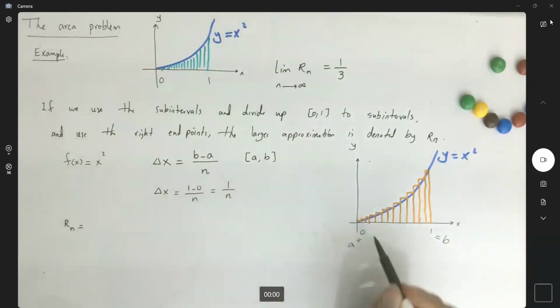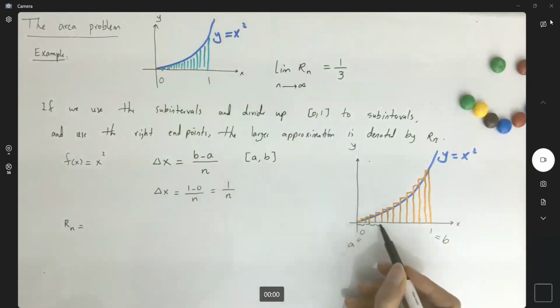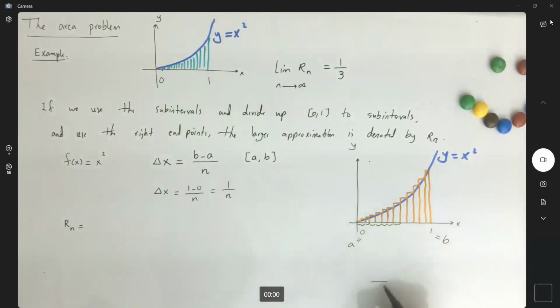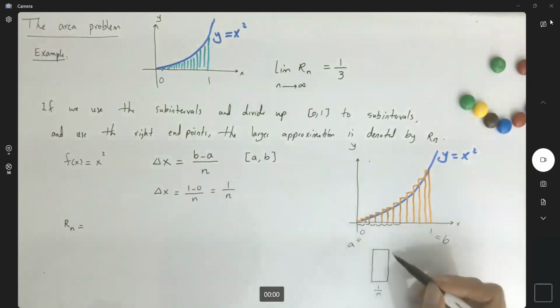Rn is equal to, so each of these lengths is 1/n. So take a look at this. Here you have 1/n, which is the base of your rectangle multiplied by the height. But what is the height?